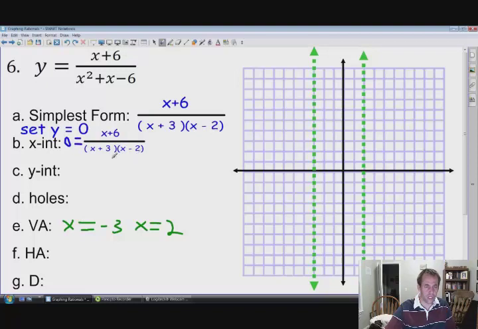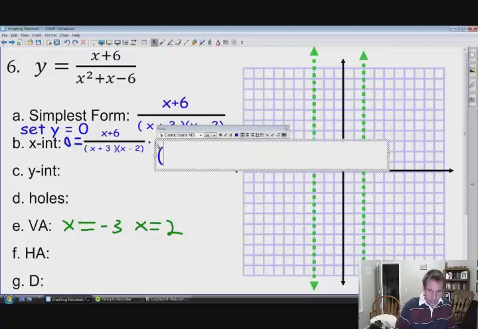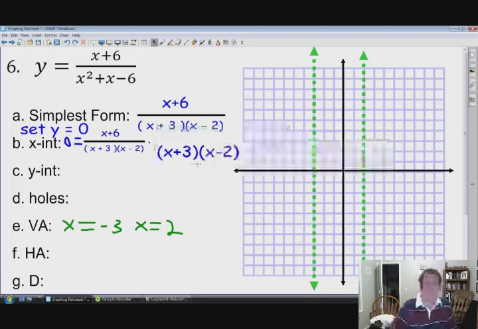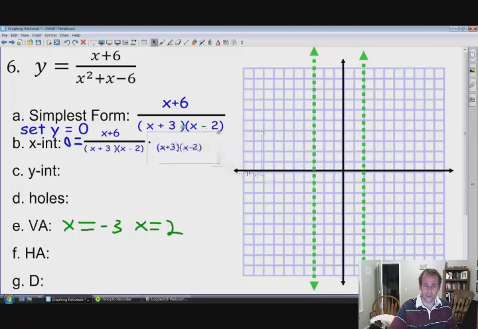What we'll end up doing is getting rid of the denominator by multiplying both sides times x plus 3 and x minus 2, like that.